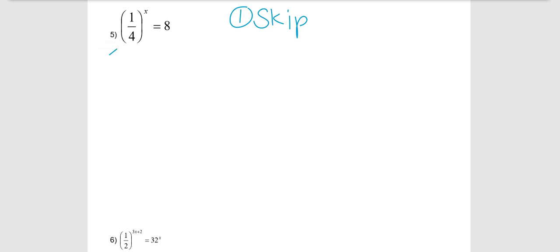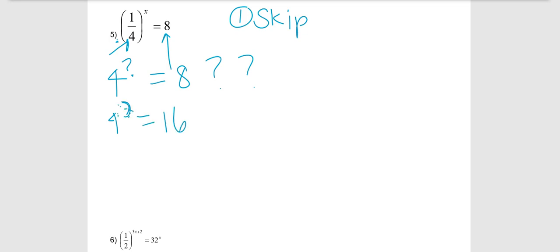So I'm going to take the smaller number and think about, can I take 4, any exponent, and get 8? And the answer is no. 4 to the 2nd power is 16. So that doesn't work. So 4 won't work. We can't make both sides have a base of 4.